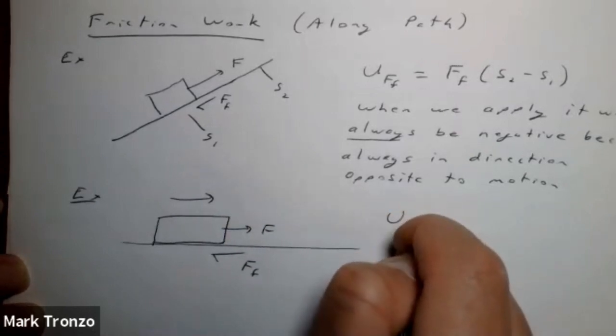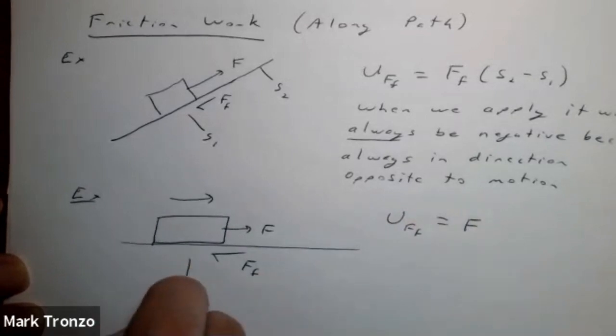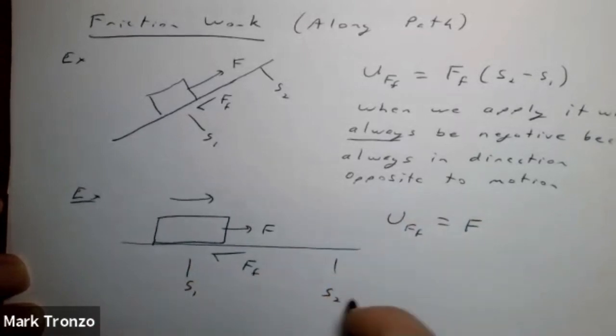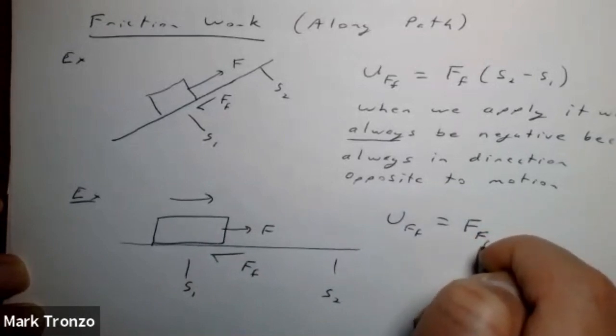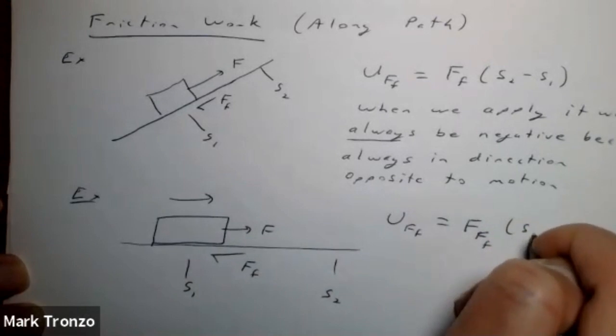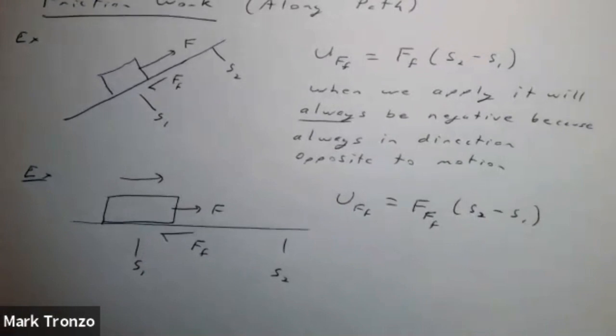The friction force, we're just focusing on the friction force now, is going to be F times (S2 minus S1). Hey, question on that? It's all pretty basic so far.